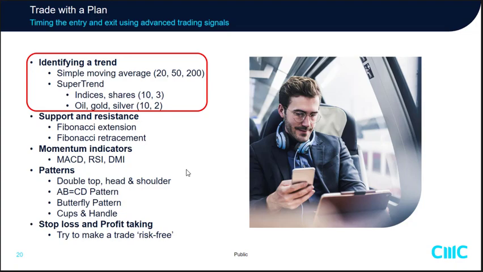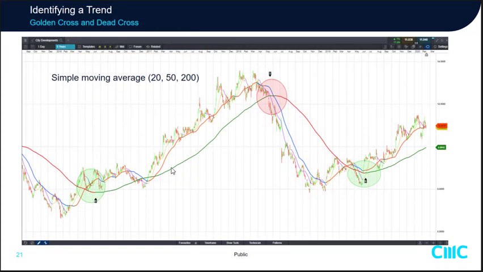Let's move on to simple moving averages and golden cross and dead cross. Here I use an example of City Developments, which is a share listed in Singapore. In this 5-year horizon, I have identified three major turning points in the trend.